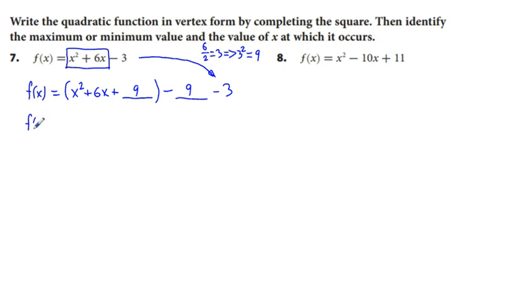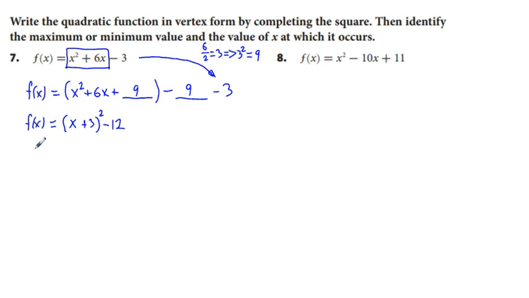So now we are in position to write our vertex form. A is 1 here because the coefficient is 1, so we have x plus 3 quantity squared. And outside the parentheses we have -9 minus 3, so we're going to put -12. And so we completed the square, and a is greater than 0.